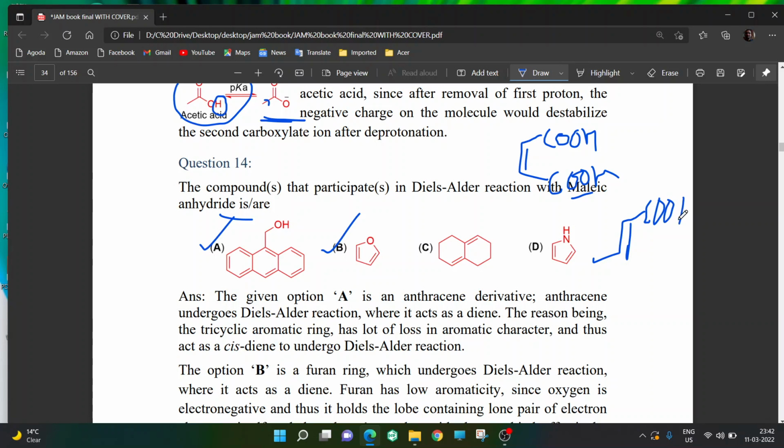Because it is trans, fumaric acid cannot form an anhydride, because it cannot do this much gymnastics and form a ring like that, but maleic acid will happily undergo dehydration to form the anhydride, and that is what is maleic anhydride. Maleic anhydride is like this.